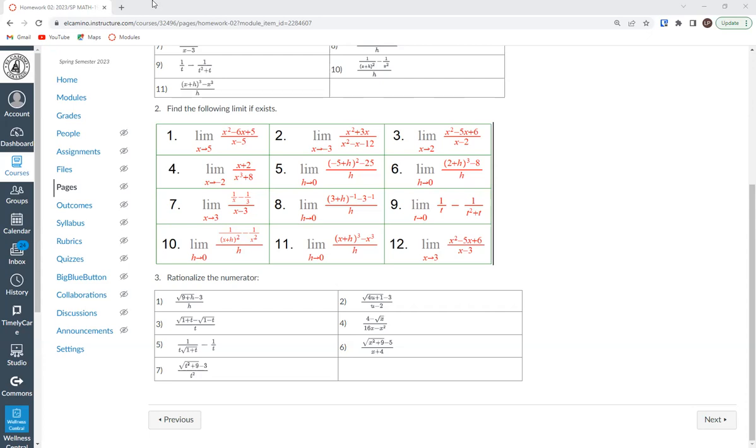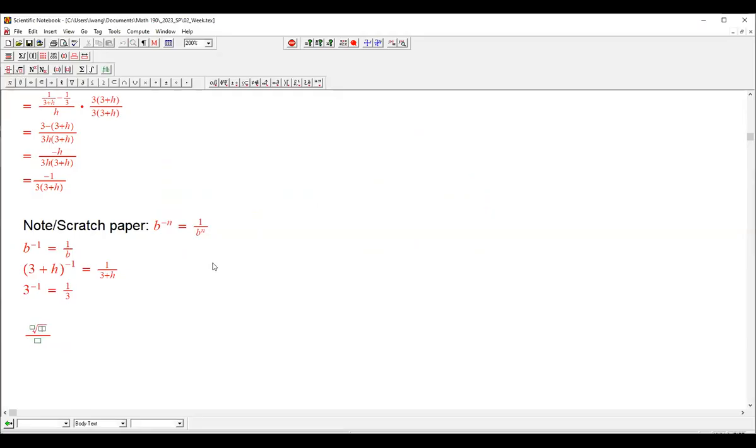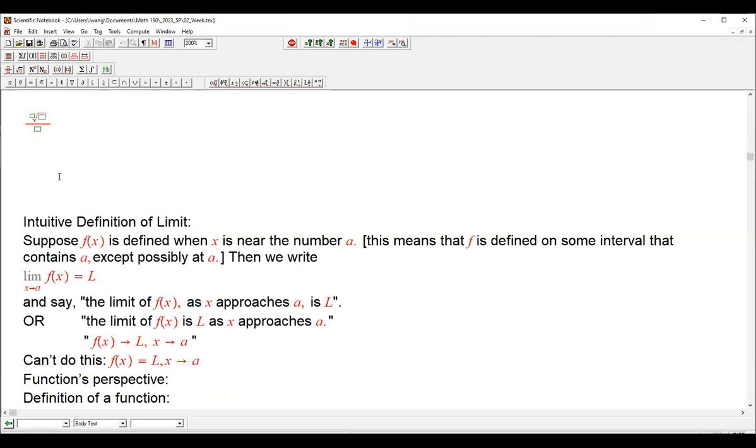So here we go. Let's see, what was the question? Okay. The question was square root of 9 plus h, minus 3. Okay, 9 plus h.